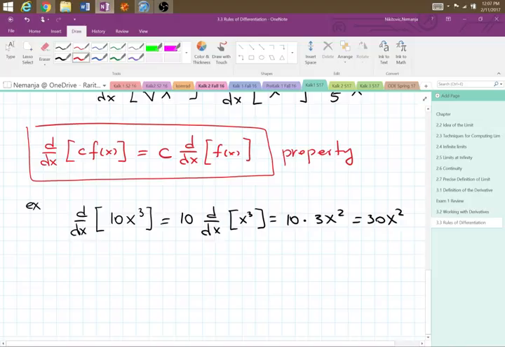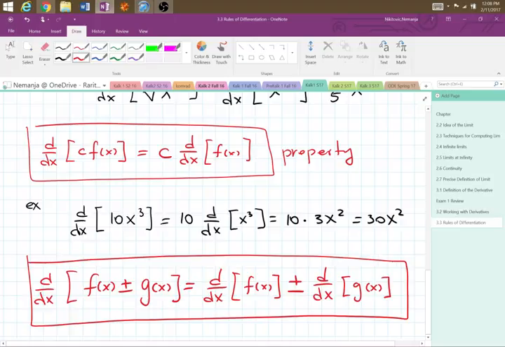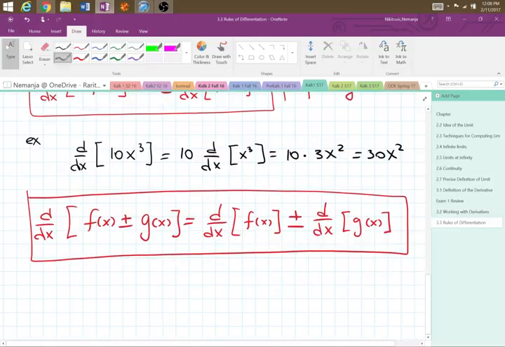So another property would be that the derivative of f of x plus or minus g of x is the derivatives of each independent one, added or subtracted, depending on what you started with. So that's another property. This allows us to grind through longer problems.